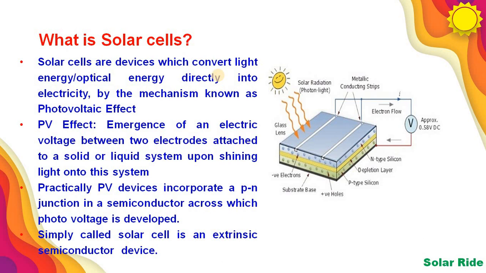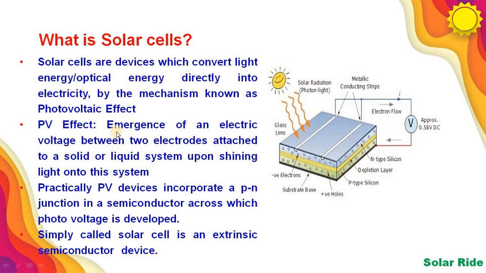When sunlight falls on the solar panel, the light energy is converted into electrical energy. That mechanism is known as the photovoltaic effect.